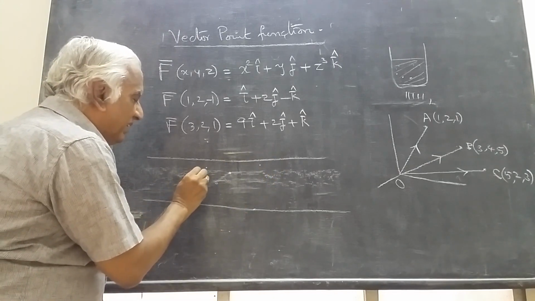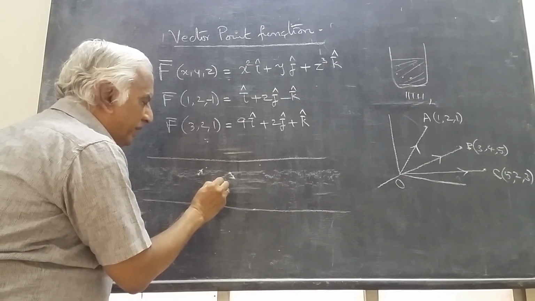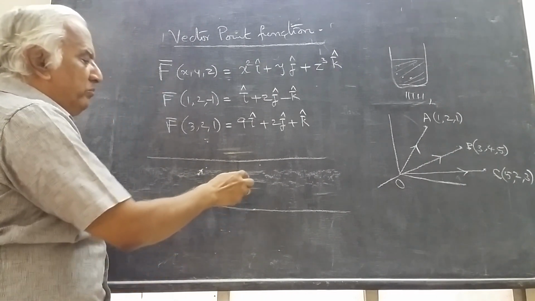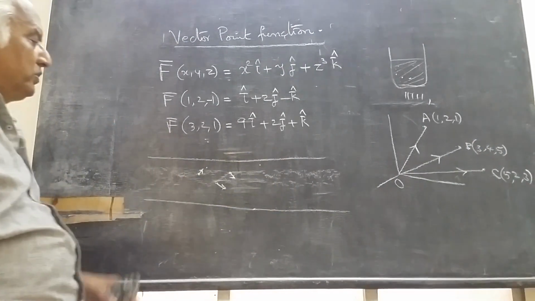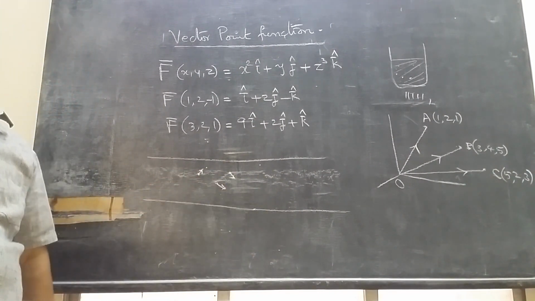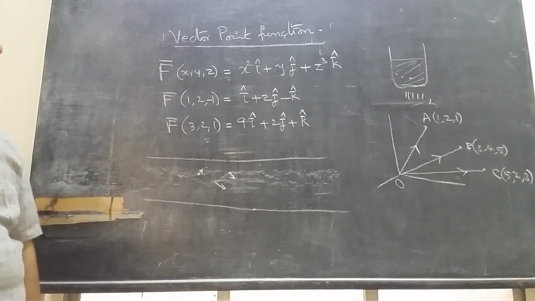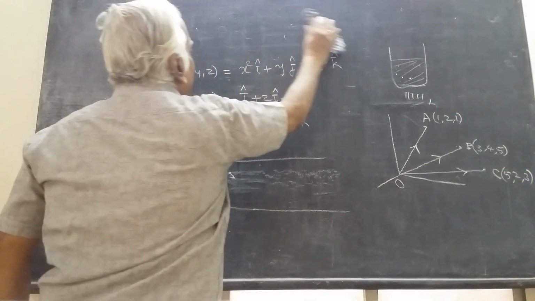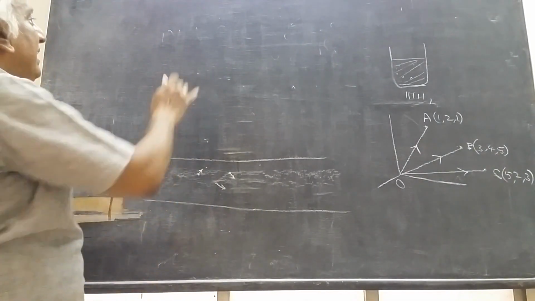This point of water may go like this, this point may go like this. Some places the water will go up, some places it will go down. So every point of the water will have a velocity. Velocity is a vector. So this gives you a vector point function. Now we are having an operator called the del operator.